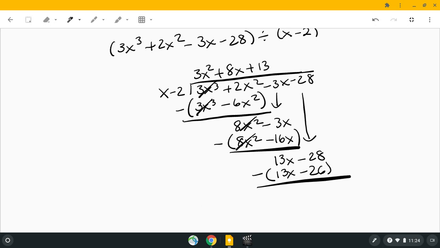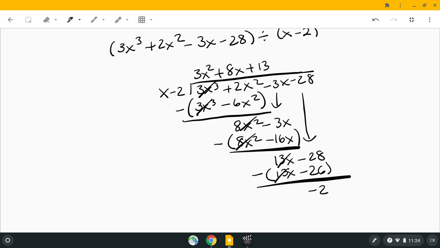Then we subtract this. They cancel out. This becomes negative 28 minus negative 26, so that's negative 28 plus 26, and that gives us negative 2. That's our remainder.